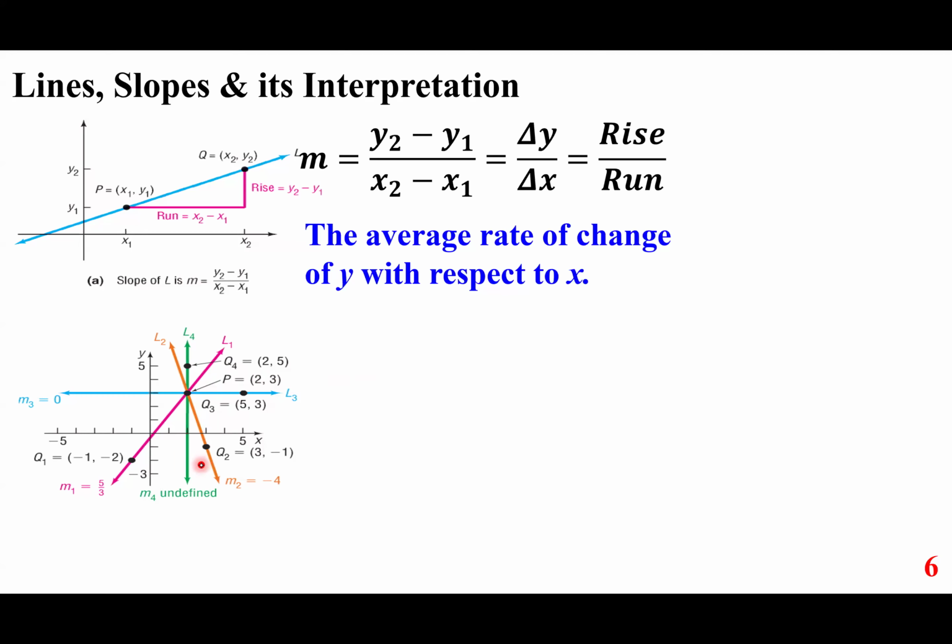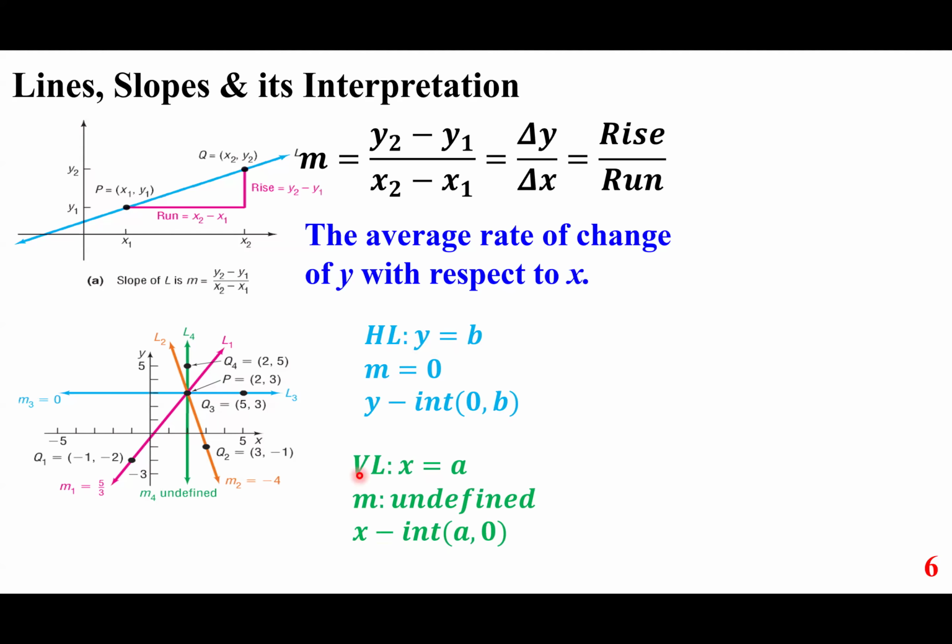Reminding you of what we have learned in elementary algebra, intermediate algebra, college algebra. HL, short for horizontal line: if it has a y-intercept at (0, b), it has the equation y equals b with the slope 0. Any VL, vertical line, if it has an x-intercept at (a, 0), has the equation x equals a, and the slope is undefined.